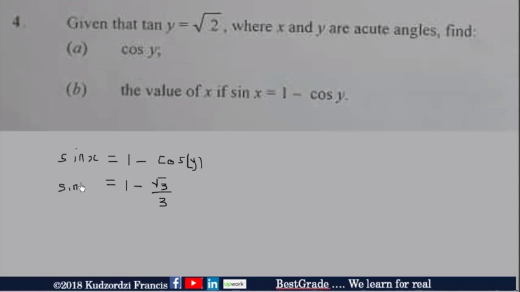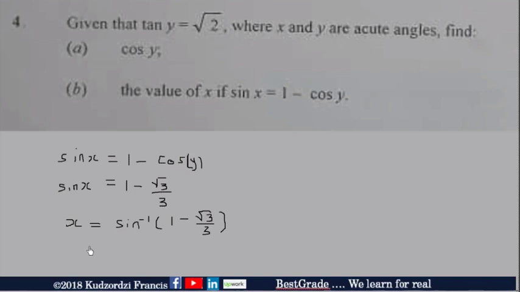We take the sine inverse of both sides to obtain x is equal to the sine inverse of 1 minus root 3 over 3. So you can use your calculator to evaluate this.